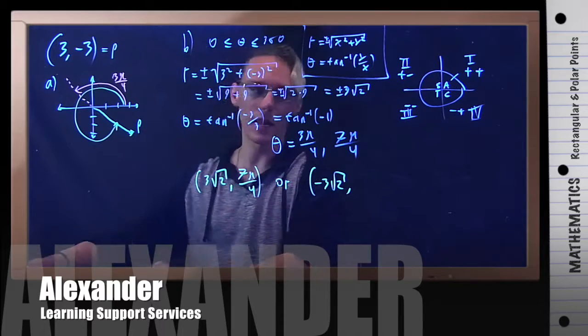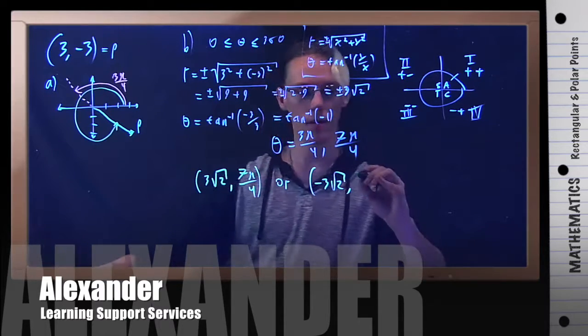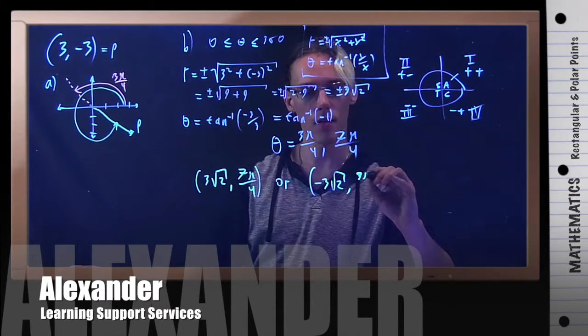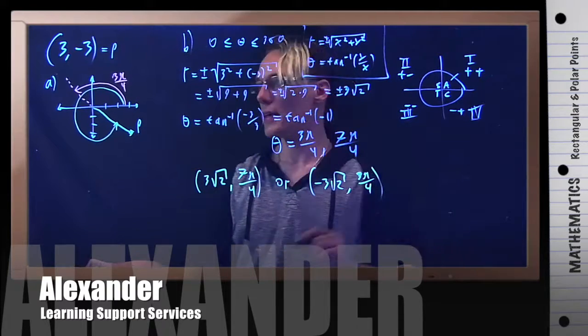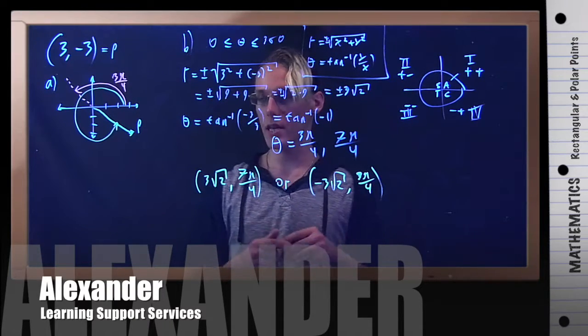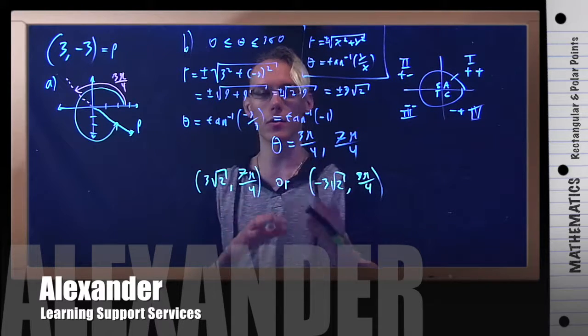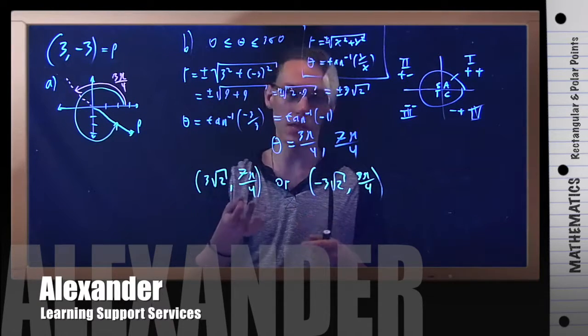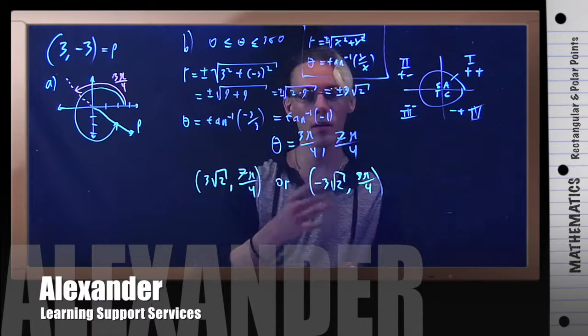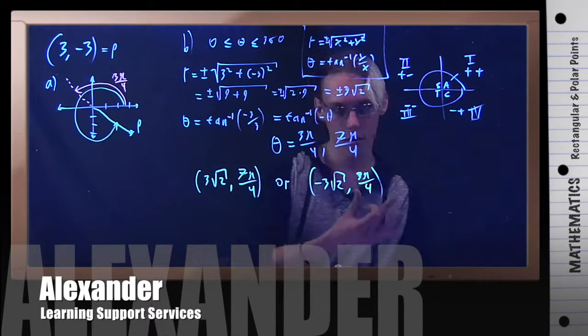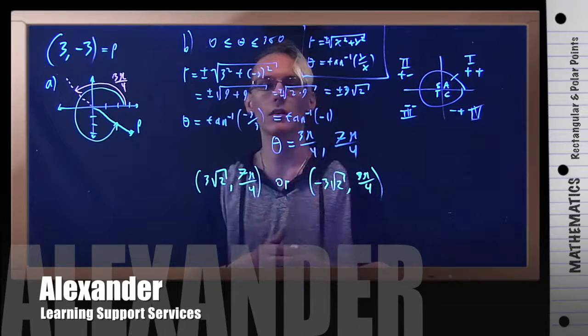So this is the -3 root 2, 3 pi over 4. And there we go. Given the rectangular coordinate (3, -3), there are two polar representations for theta between 0 and 360: 3 root 2, 7 pi over 4, or -3 root 2, 3 pi over 4. And that is this example.